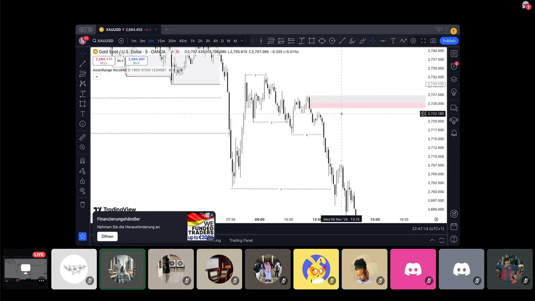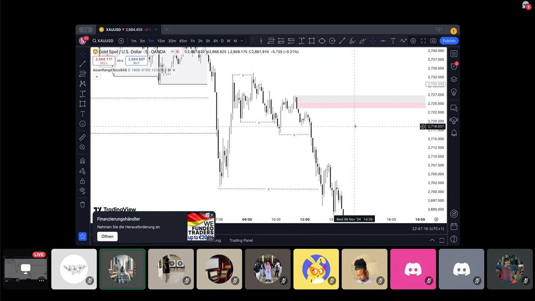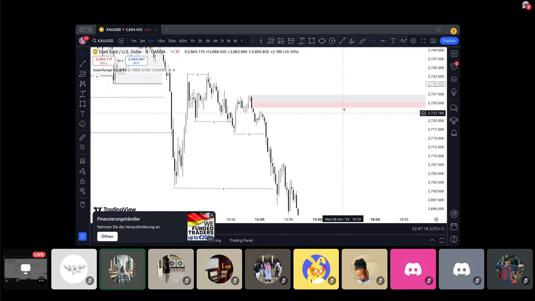The reason why I like this, me personally, if price comes to this supply right here, I wouldn't hesitate, because one, we are on a downtrend. So remember, once you are on a downtrend, you have to look for short opportunities, like more than 80% of your trades.